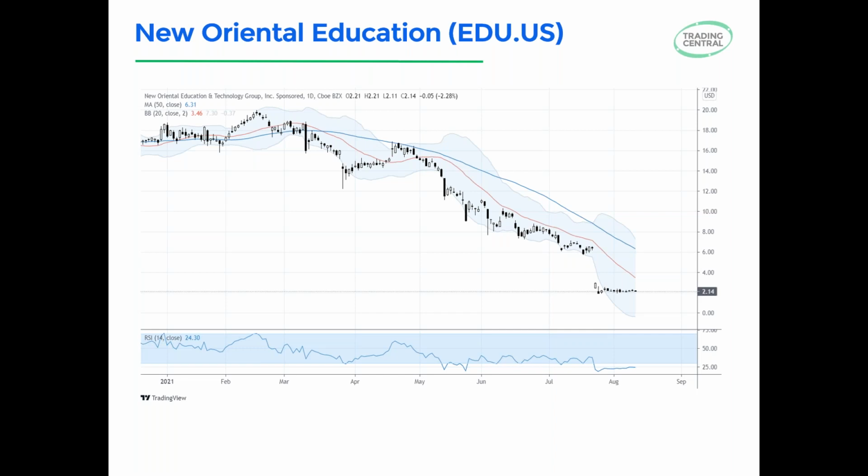an ADR, okay, American Depository Receipt. In short, it is a Chinese stock listed in the US. Okay, so now you see, I'm not going to draw any target here because it has plunged from $20 down to $2.